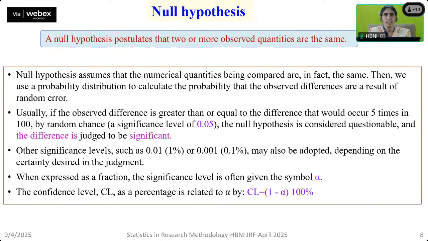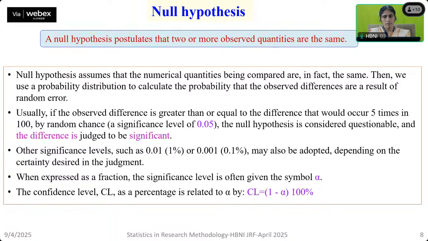So generally the terminology is like this. The initial hypothesis or the postulate that the theoretical value and the experimental value match very well with each other is called the null hypothesis. In the null hypothesis, we presume that the numerical quantities being compared are in fact the same.